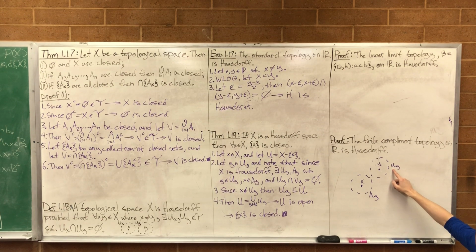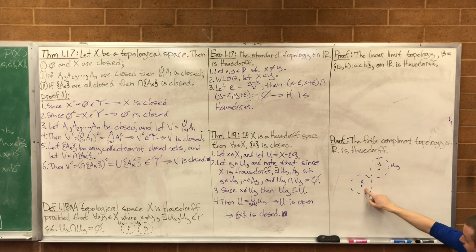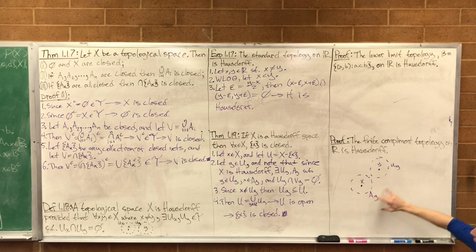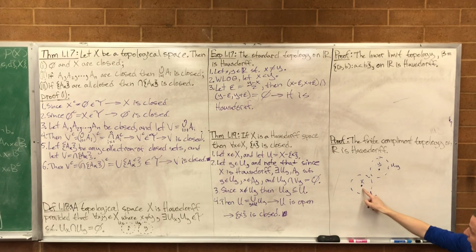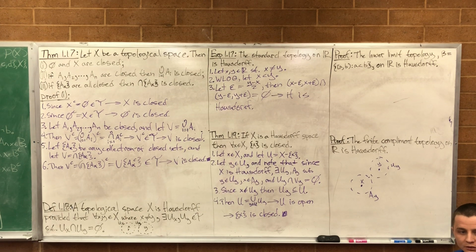Because it's Hausdorff. Because x has to be in this other set, and these two sets are disjoint. So I didn't really care about this set. I'm just using this set real quick for the fact that x is not in there. Right. Any other questions? Good?